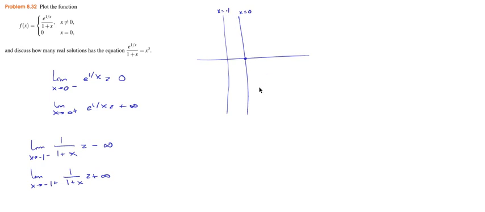So after x equals 0, we know that this function 1 over x is going to be like this. After x equals minus 1, after x equals 0, this is smaller than 1, but it's like multiplying something that is going to plus infinity by something that's smaller than 1. That's still plus infinity.